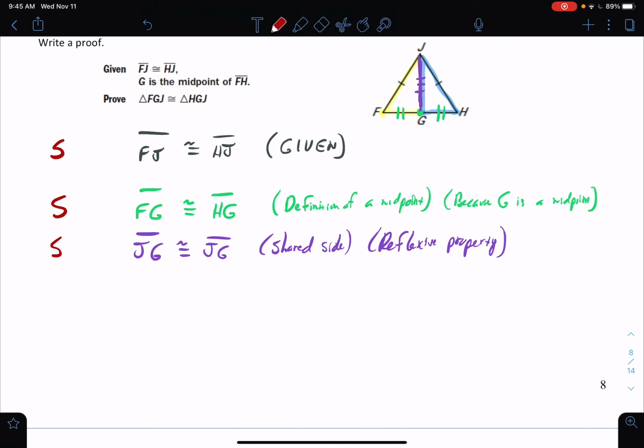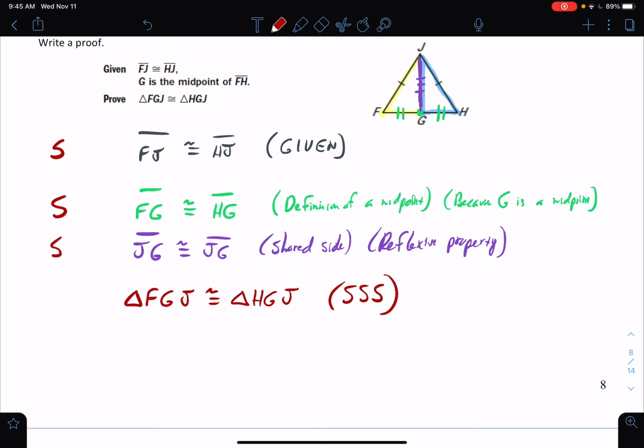Okay, so we've proven that all three sides in these two triangles are congruent to each other. Therefore, triangle FGJ is congruent to triangle HGJ. All right, my reasoning for that, side, side, side.